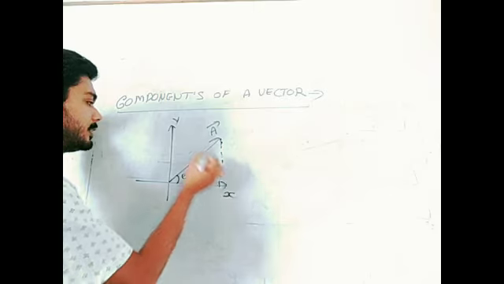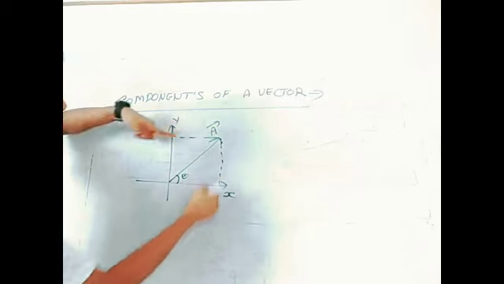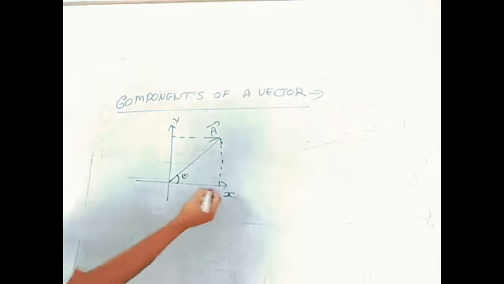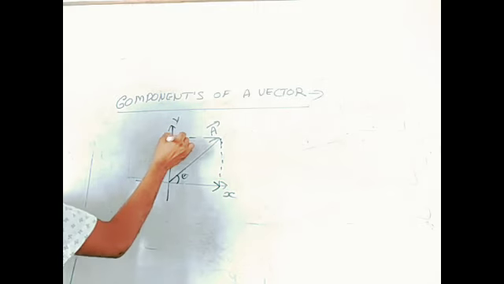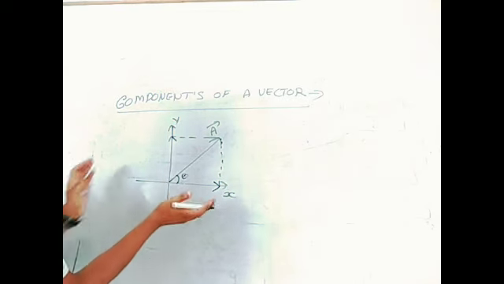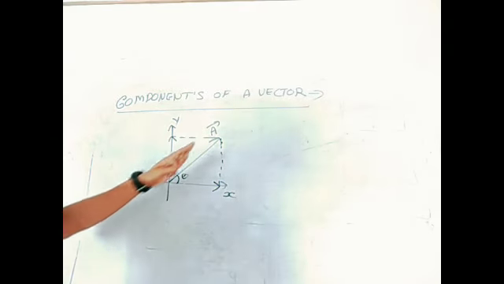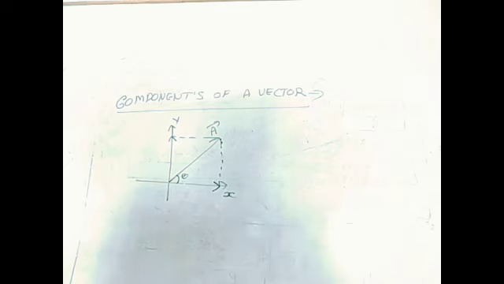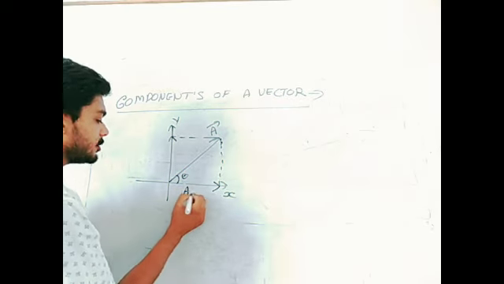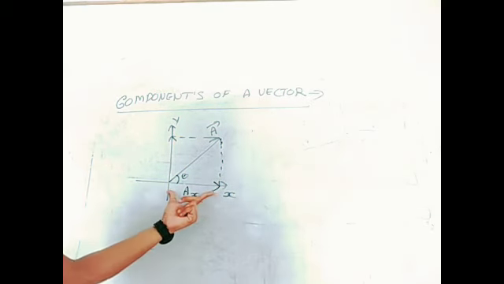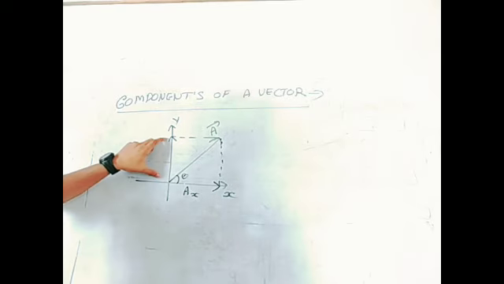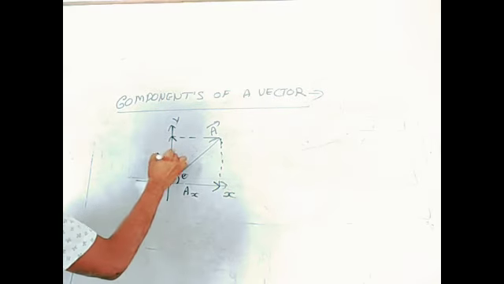Then if you join these two lines, we get a parallelogram law. The parallelogram law says if two vectors are the adjacent sides of a parallelogram, then the diagonal will be the resultant. Here the x part on the x-axis is ax, and the y part on the y-axis is ay.